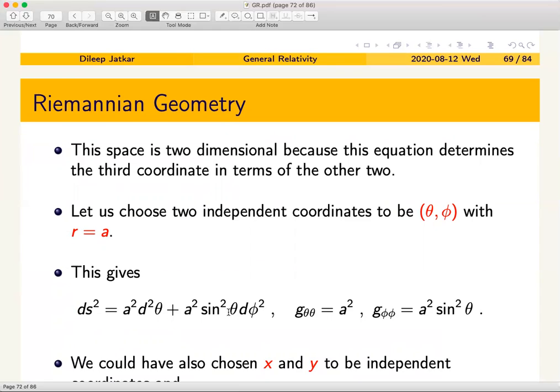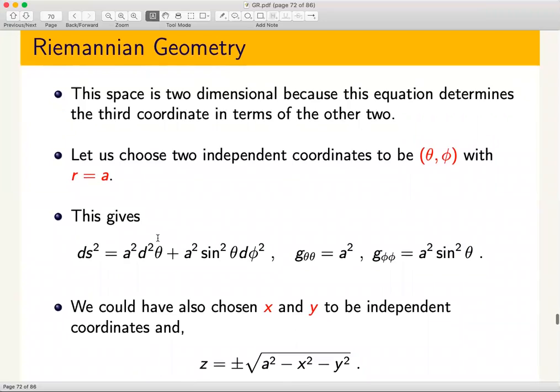That tells you that g theta theta is a squared and g phi phi is a squared sin squared theta. And a is of course the radius of the sphere, a constant quantity, a constant radius object.